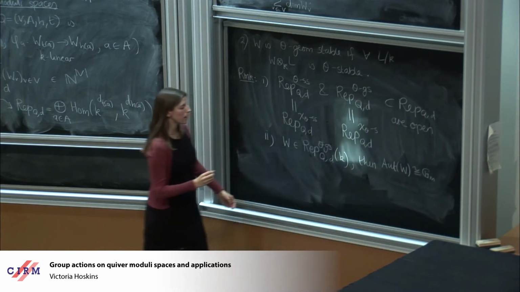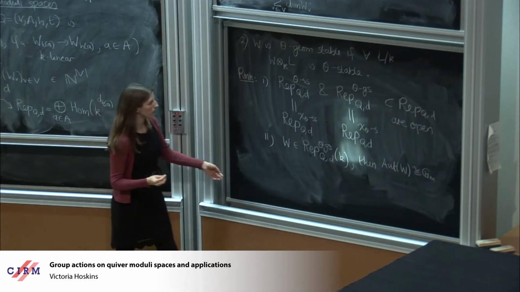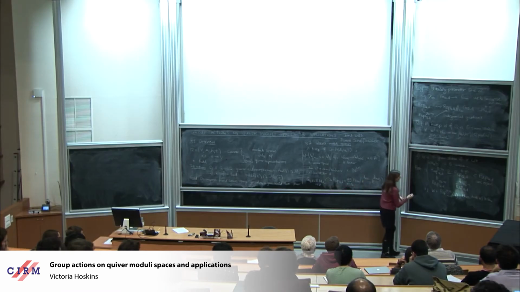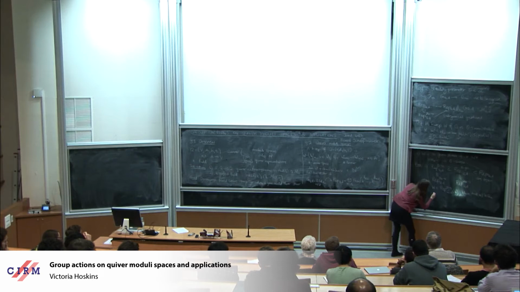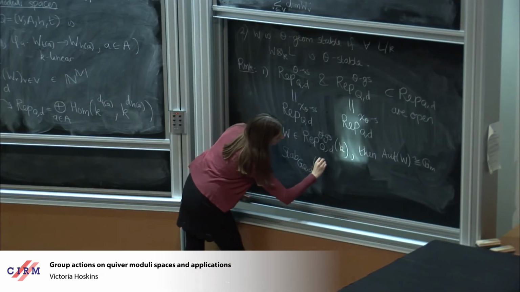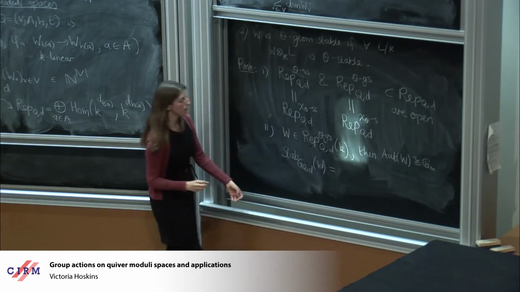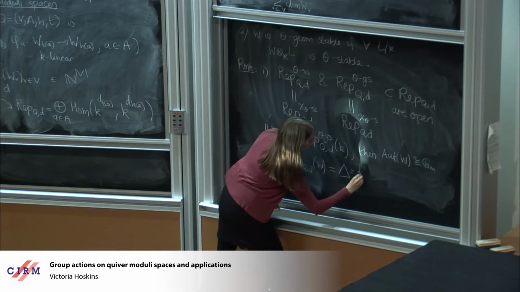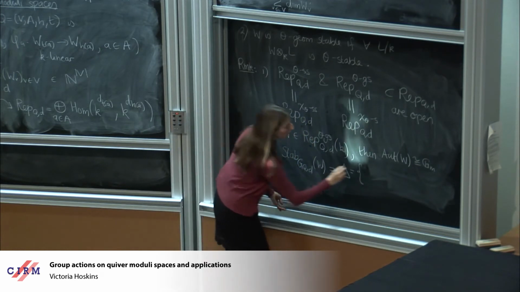And if you look at the stabilizer for the action of our group G_QD on this element, then it's a special subgroup of G, namely what we're going to call delta. So it's a diagonally embedded copy of G_m.